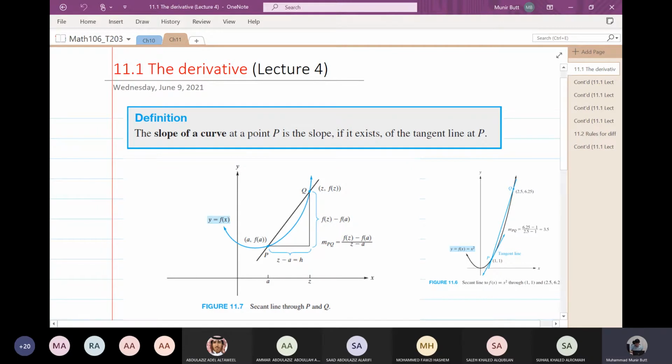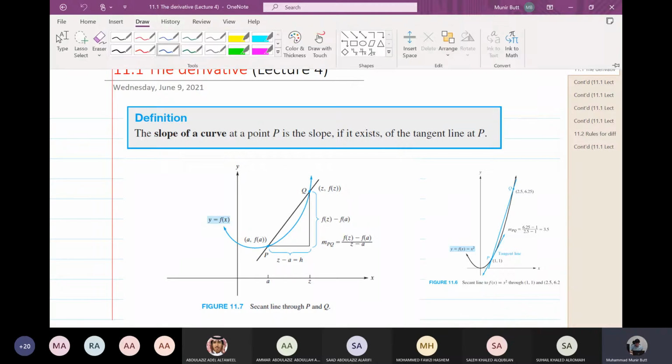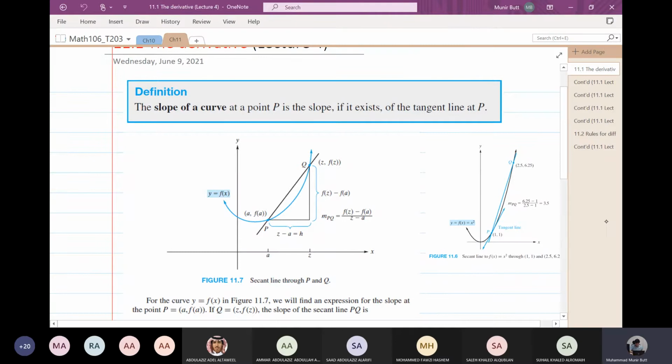In the last lecture, we have seen that if we have a straight line, and there are any 2 points, (x1, y1) and (x2, y2), then we can find the slope formula: y2 minus y1 over x2 minus x1. So this was the slope of the line.